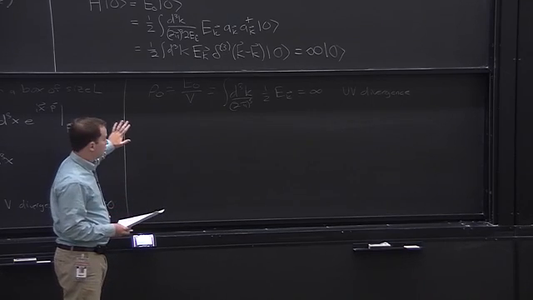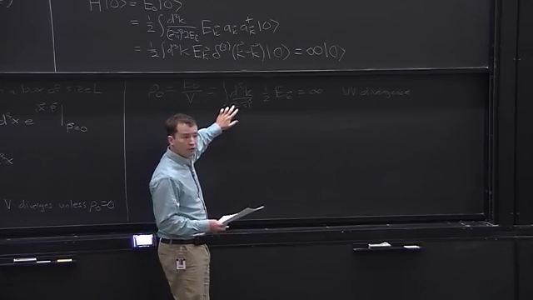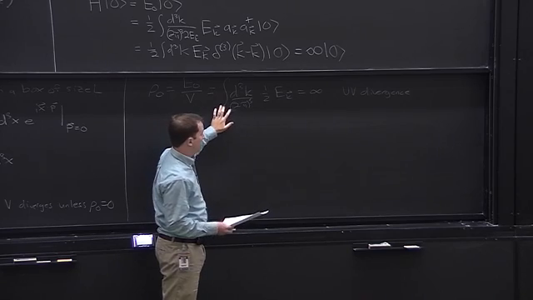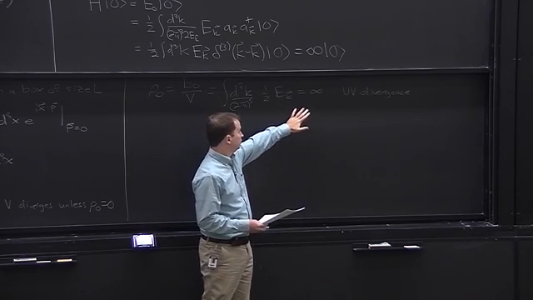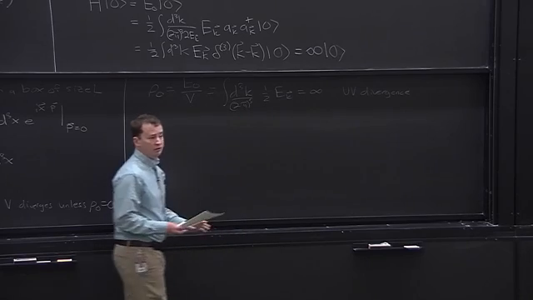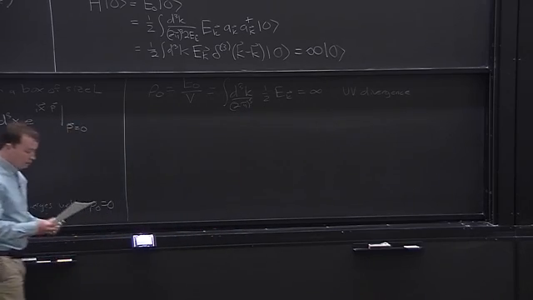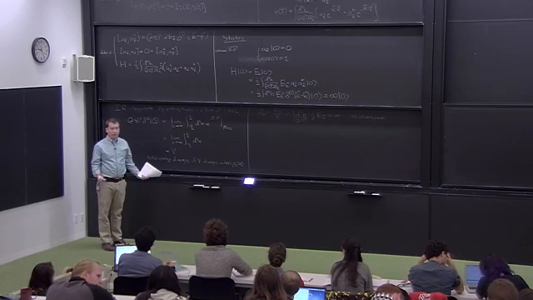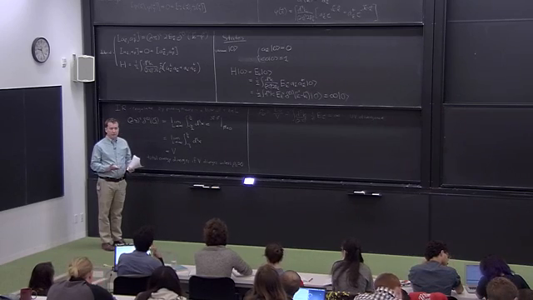At this point, if we assume that this is a theory that's valid up to arbitrarily high energy, then we really do have a UV divergence, and the energy density is infinite. But it's not so much of a problem. Most of the time, if we're doing non-gravitational physics, the vacuum energy doesn't really affect anything.